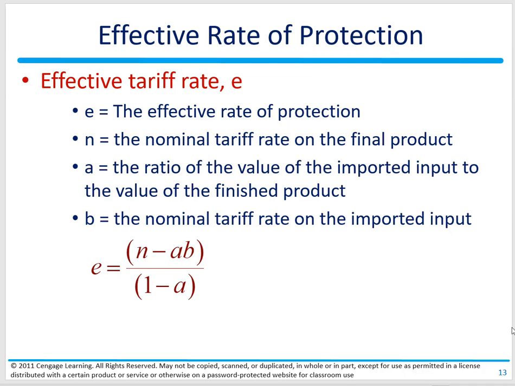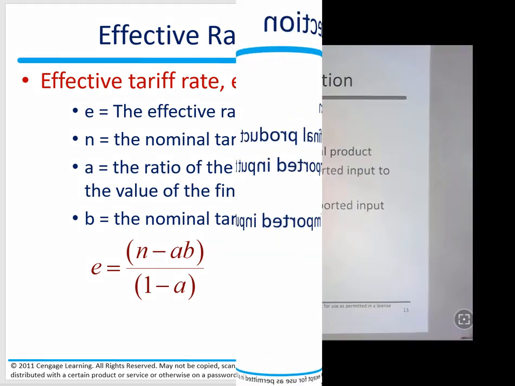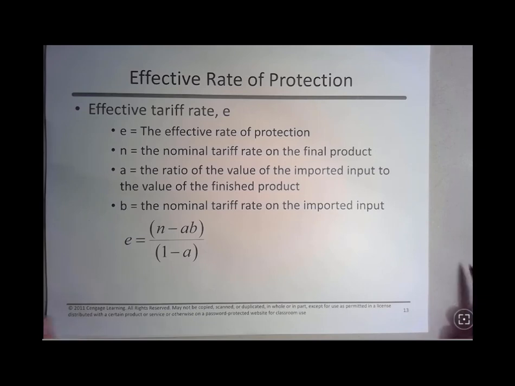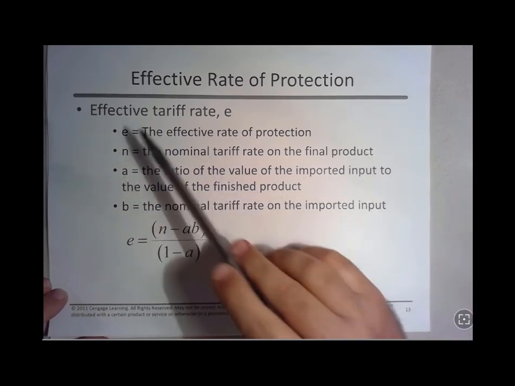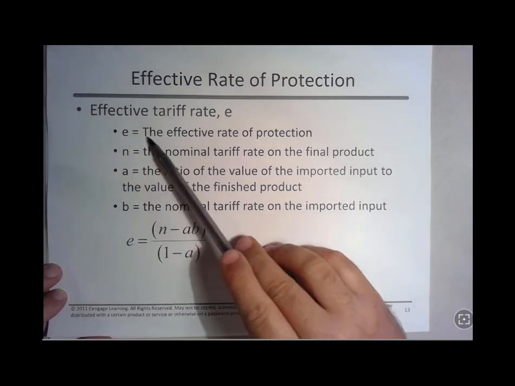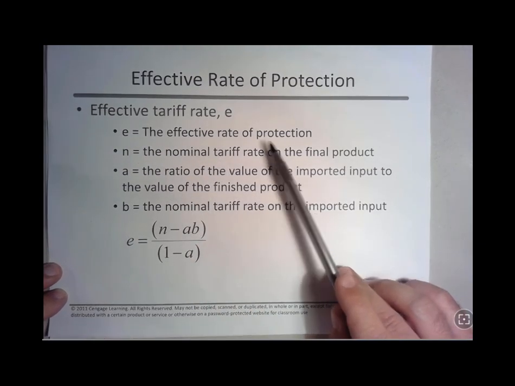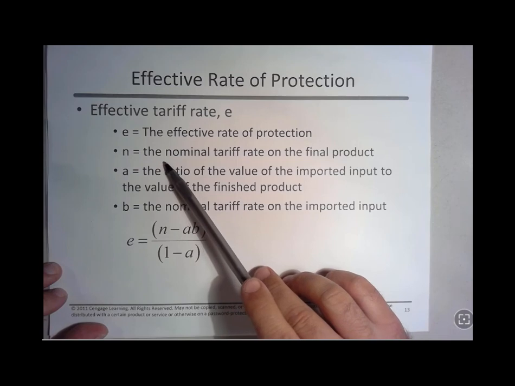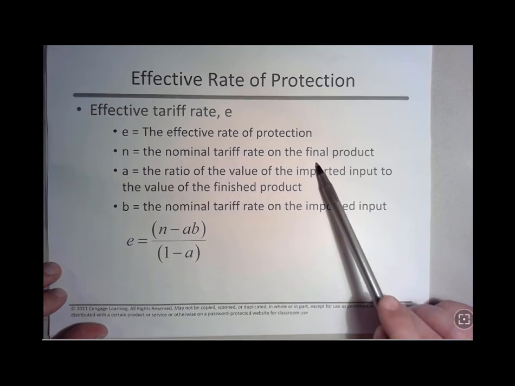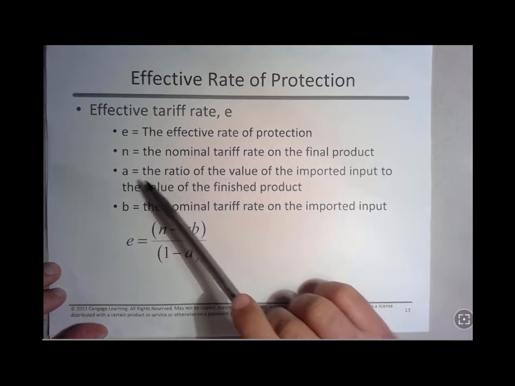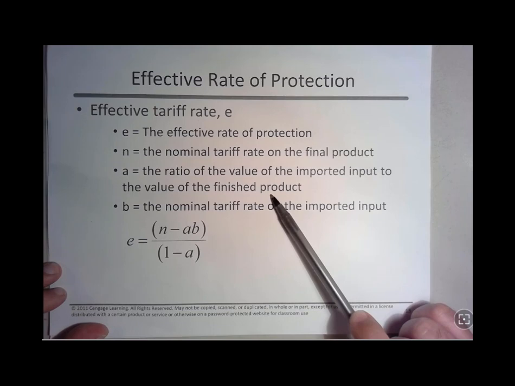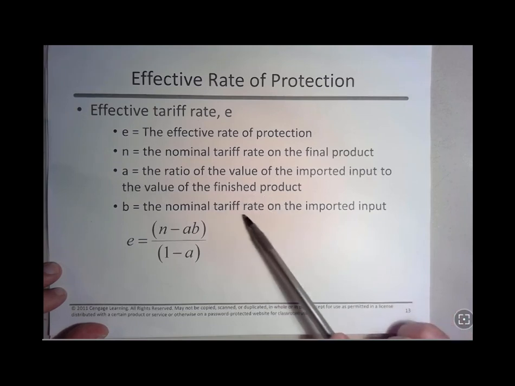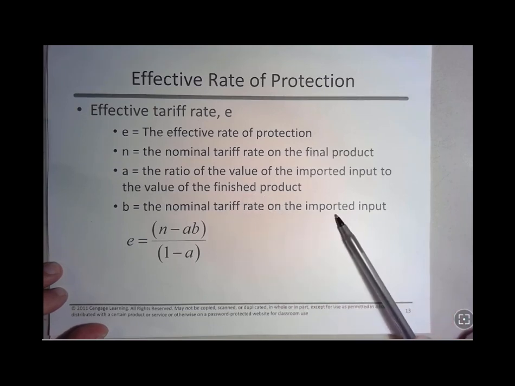So let's do some computations. Let's talk about the effective rate of protection. Recall that we're going to use E to denote the effective rate of protection, N to denote the nominal tariff on the final product, A as the ratio that the value of the imported inputs represents out of the value of the finished product, and B the nominal tariff on that imported input. Okay.